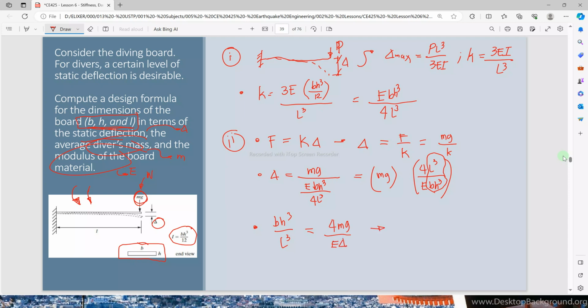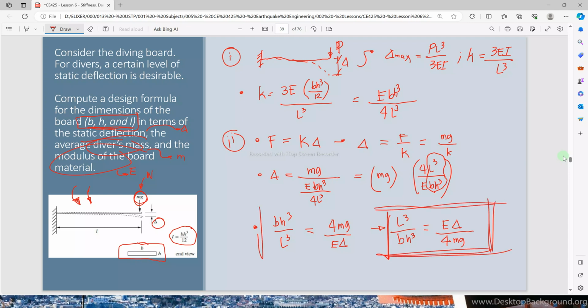Or we can also say that L cube over BH cube is equal to the modulus of elasticity times the displacement over 4 times the mass times gravitational acceleration. Either is correct. So this is the formula of the base, height, and the length in terms of the mass, the elasticity, and the deflection.